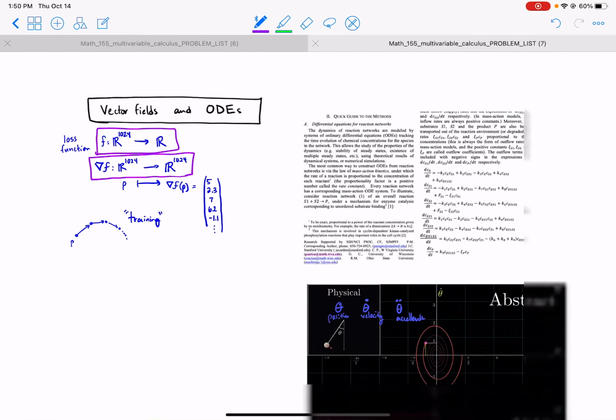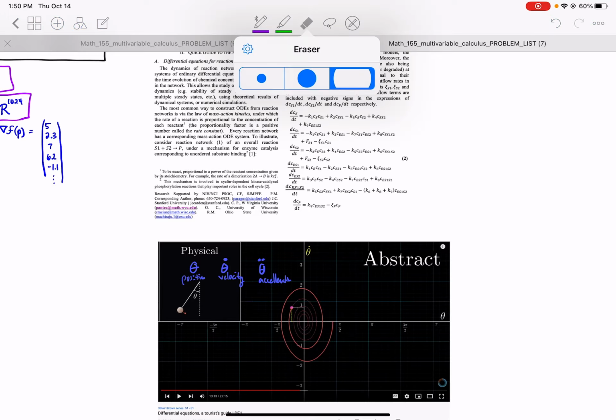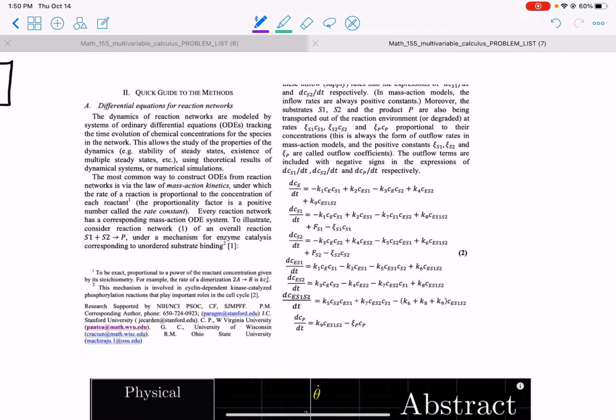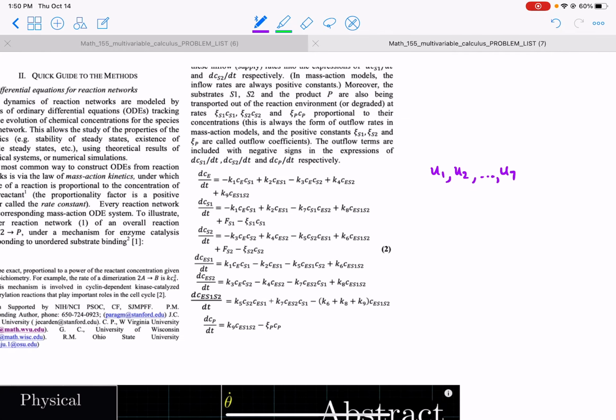So what are they? So in science, for example, in chemistry, if you tell a chemist the concentrations of 7 chemicals, say U1 through U7, the concentrations of those chemicals right now, then based on how much of each of them there is, the chemist will be able to tell you how the first one is going to change with time, how the second one is going to change with time, essentially the velocities of these chemicals.